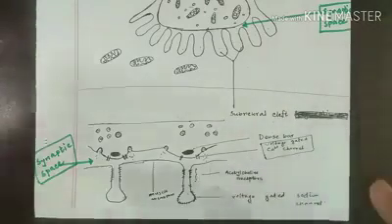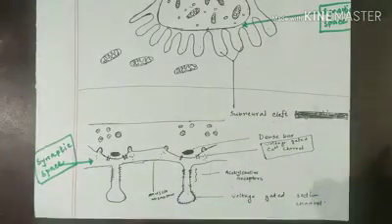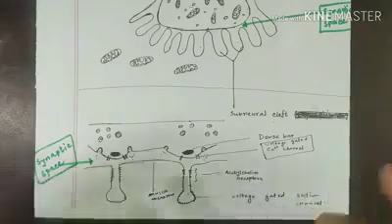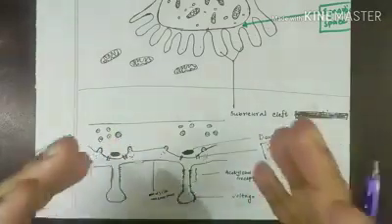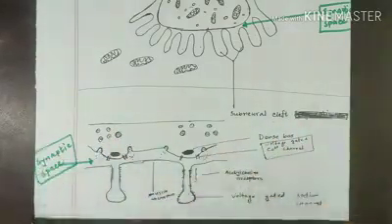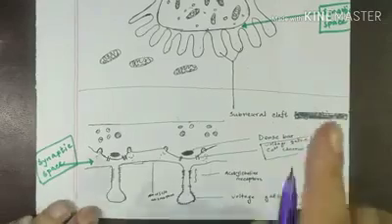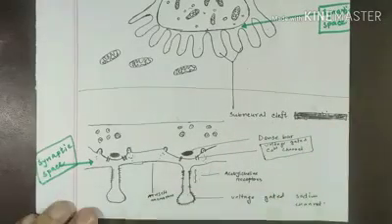Describe. So you will say like this. This end plate potential later on produces an action potential, which is responsible for the contraction of muscle.